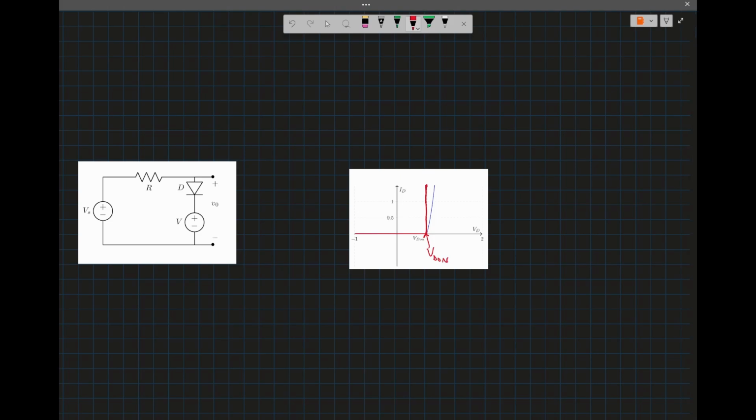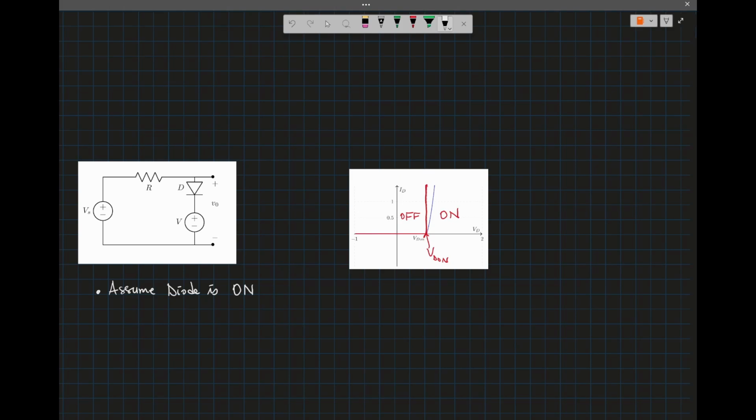To find the conditions under which the diode will turn on and off, we could assume that the diode is off and do the analysis, or assume that the diode is on and do the analysis. We are going to find the conditions, so it doesn't matter which one you start with.